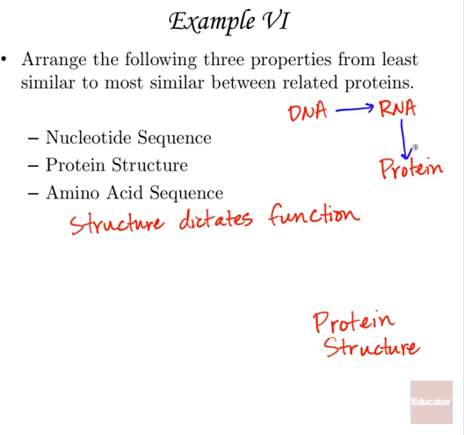Okay, and if we remember correctly, to make a protein, we need our amino acids.